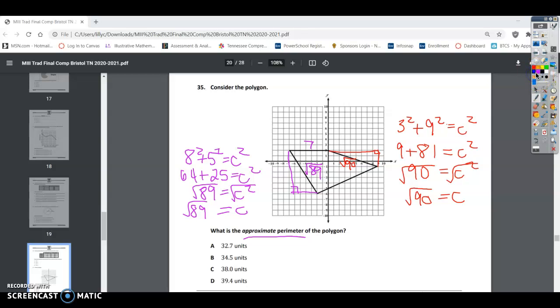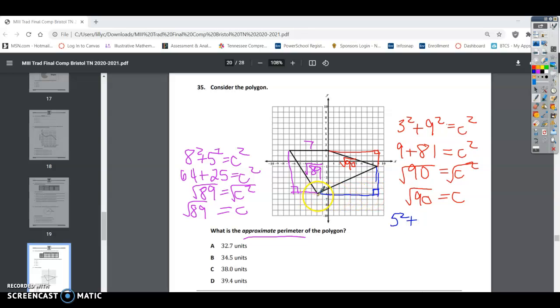All right, so we have one more side to look at. Let's make a triangle down through here. All right. And that's going to be a distance of negative 1 to 6 is 5 squared.